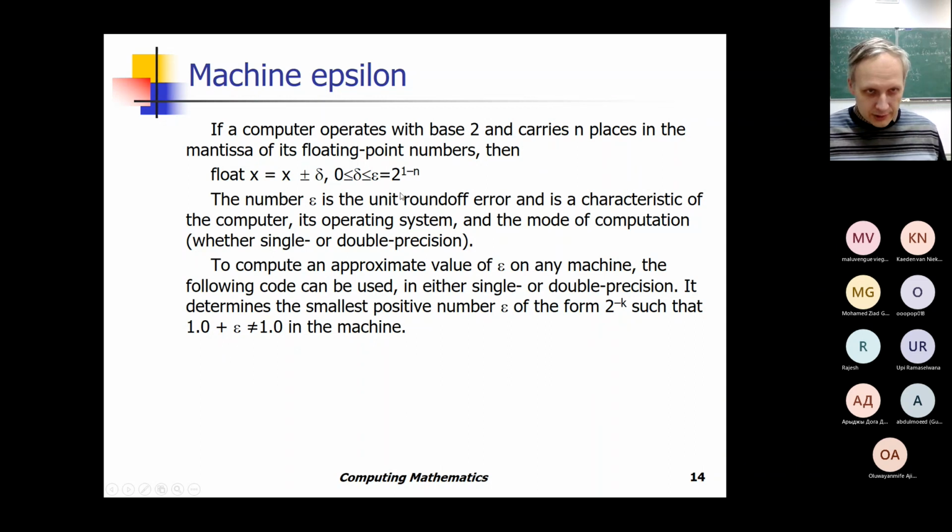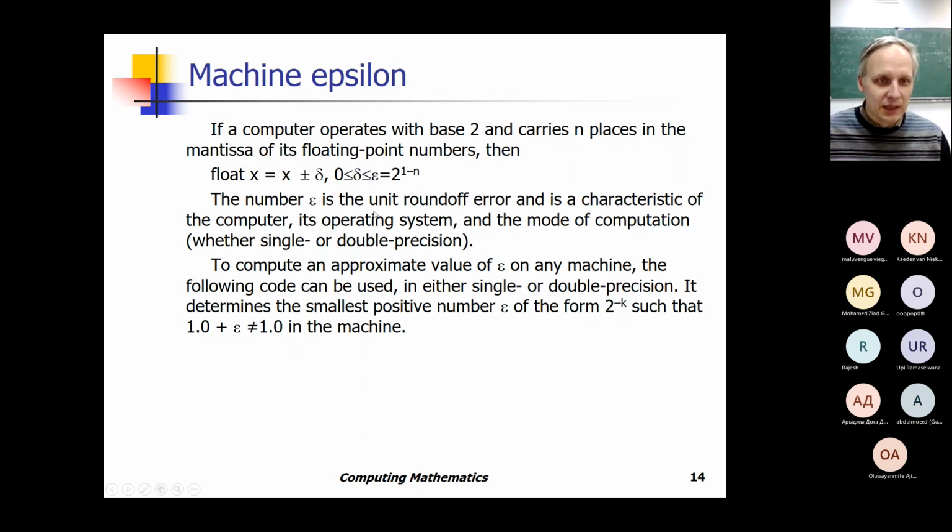In real mathematics, when we use pen and paper, x will equal x plus delta only in the case when delta equals 0. x plus 0 equals x. But in computer mathematics, I can take small positive number, delta, find x plus delta, and the result will be equal to x.